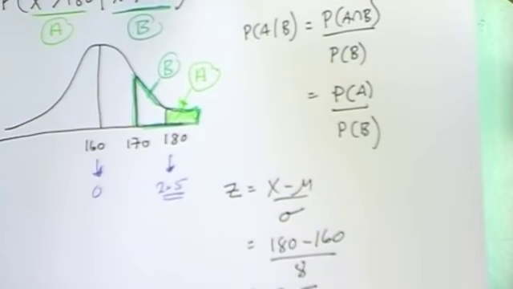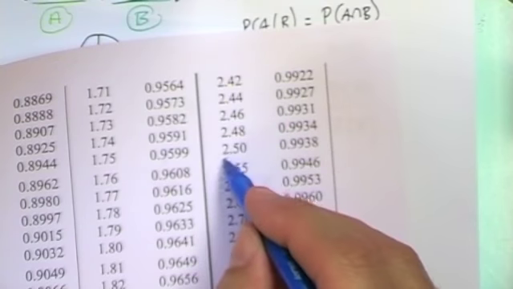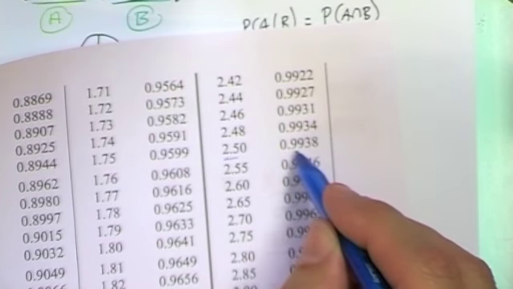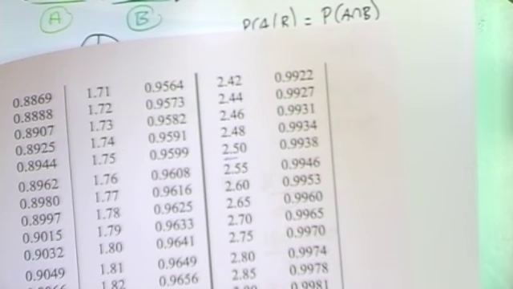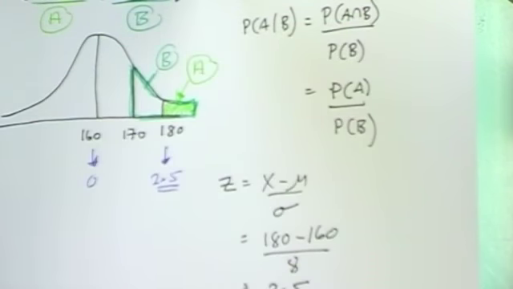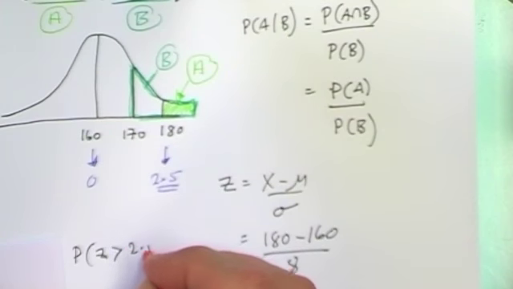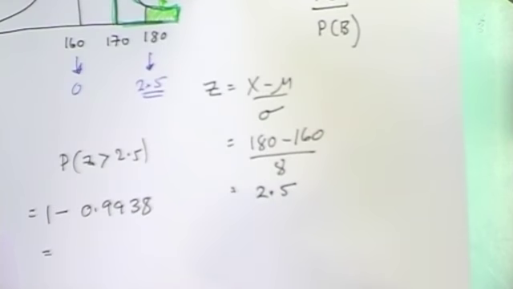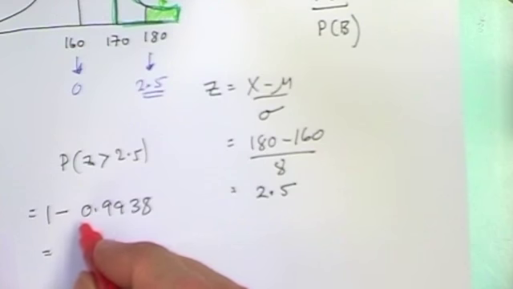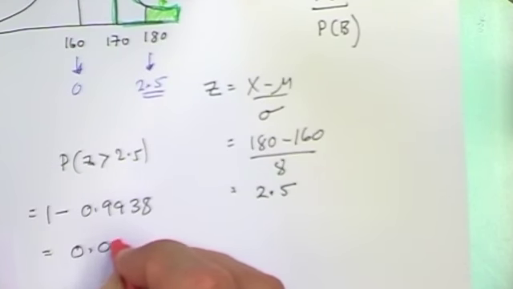If we look 2.5 up in the table, we get 0.9938. Clearly it's not that, because that's the less than, so it's going to be 1 minus. So the probability of z being greater than 2.5 equals 1 minus the value we looked up in the table, 0.9938, and that equals 0.0062.